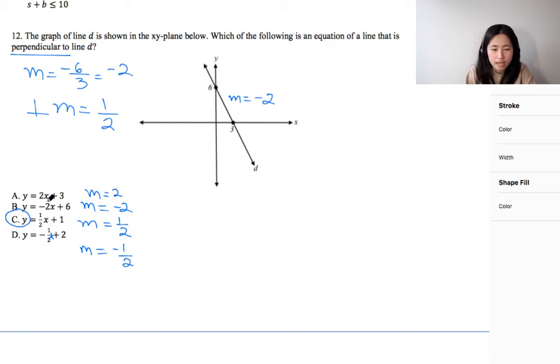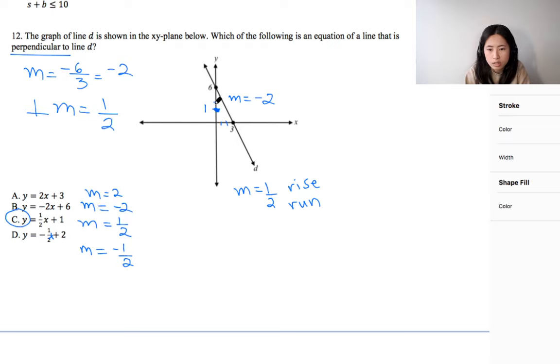Okay, so if we want to really prove that this is perpendicular to our existing line, you would just have to graph this. So this is 1/2, and this is basically a y-intercept of 1. Then you have the slope, which is rise over run. So you go up by 1, so that would be 2, and then the run would be 1, 2, 3.